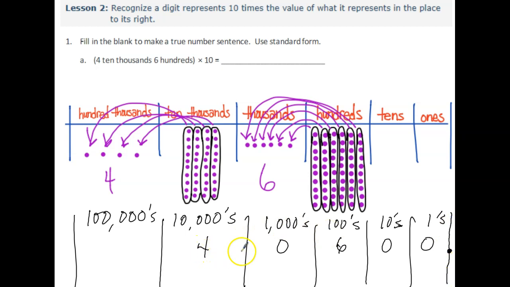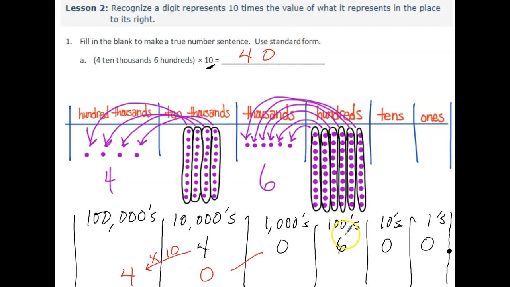All right, so now I can say, well, if I'm multiplying times 10, I know that everything's going to move over one place to the left. So that 4 10,000 times 10 becomes 400,000. I have no thousands, so when I multiply by 10, I'm still going to have no 10,000s.